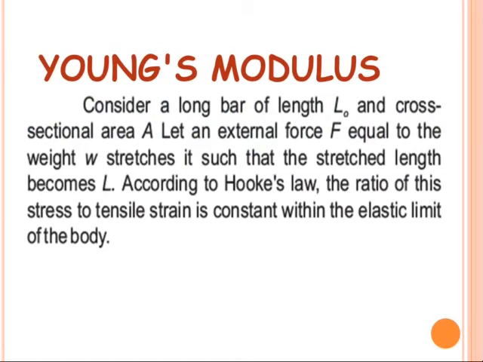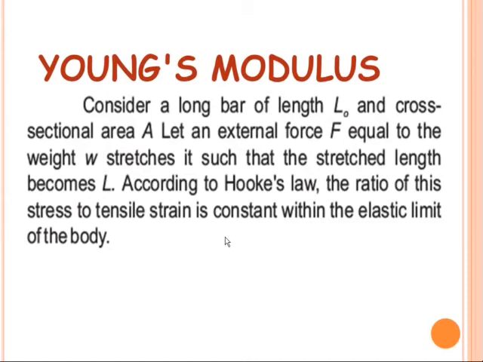Young's modulus. Now consider a long bar of length L0. We have a bar whose length is L0 and cross-sectional area A. Let an external force F, equal to the weight W, stretch it such that the stretched length becomes L. So the original length was L0.